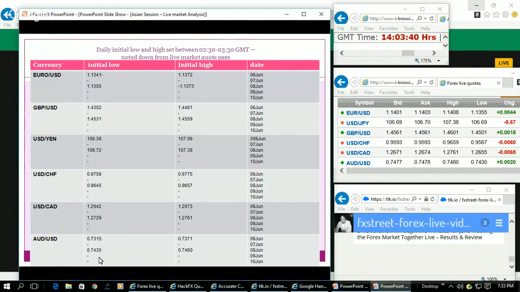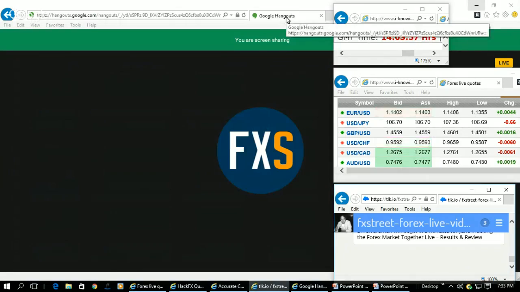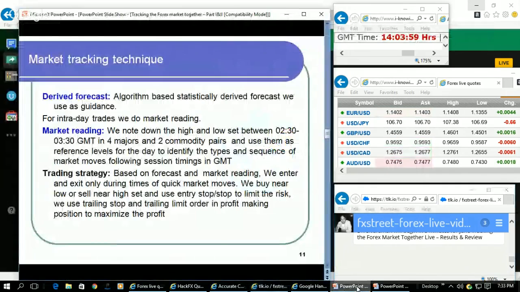In the case of Australian dollar, 76.60 is the low, and they just breached the high and are staying above the low. They have not breached it. So everywhere you come across that they breached the high in the case of numerator, breached the low in the case of denominator in most of the currencies.